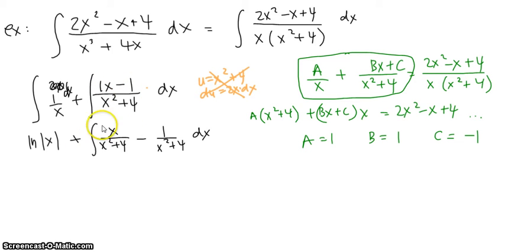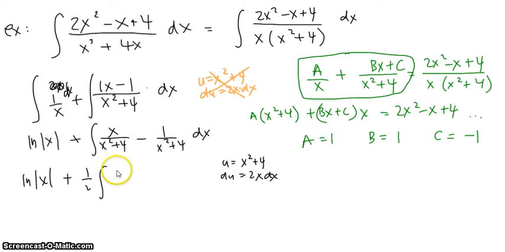Now from here, for this one, u sub is definitely possible, right? Where u is equal to x squared plus 4. So I'll set u equal to x squared plus 4. du is equal to 2x dx. So I would have 1/2 the integral of 1 over u du.